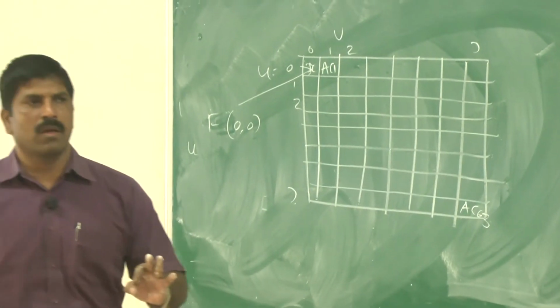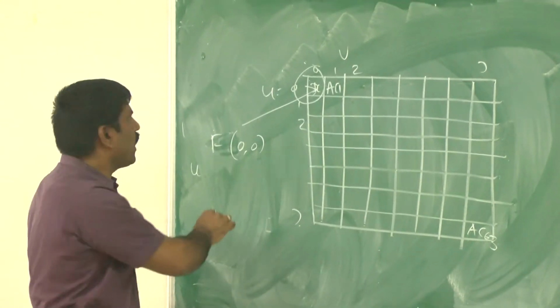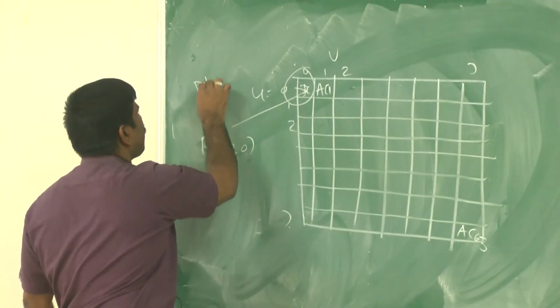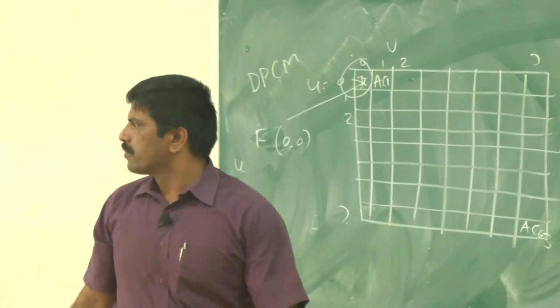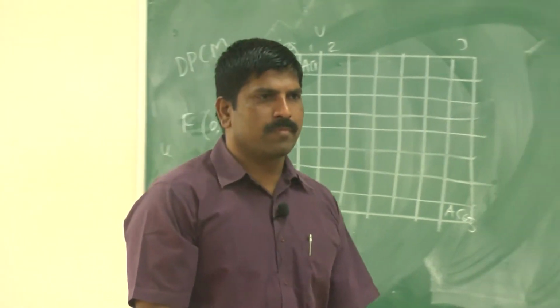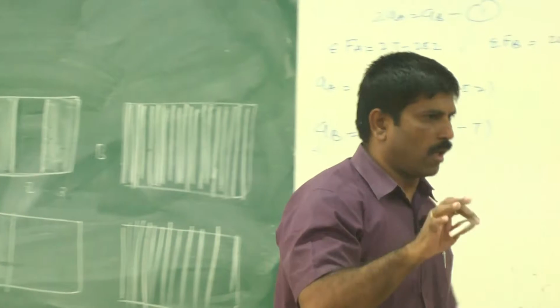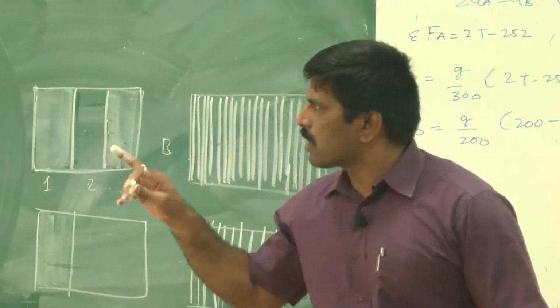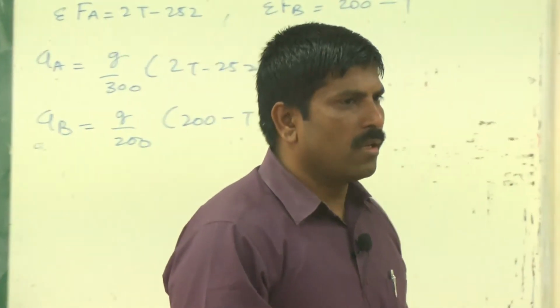Out of that, for coding the DC they use DPCM, which is differential pulse code modulation, whereas for AC they use RLC, that is run length coding.